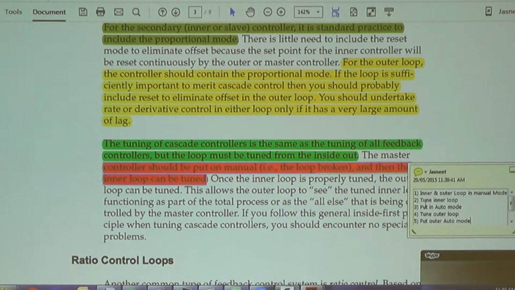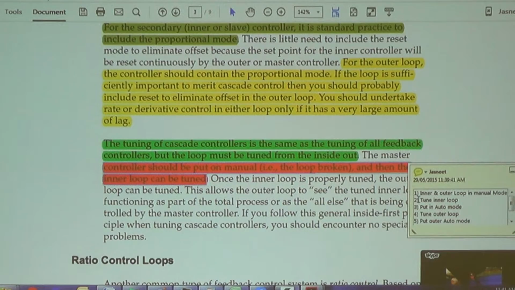Tune your inner loop, put it in auto mode, then tune your outer loop. Tune your outer loop, put it in manual mode, tune your inner loop. So the sequence you have to select is always: tune your inner loop, put it in auto mode, then tune your outer loop.